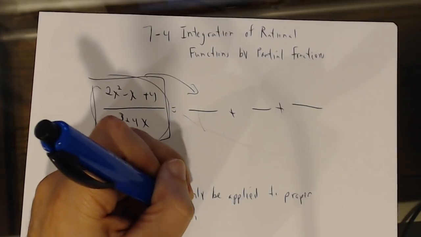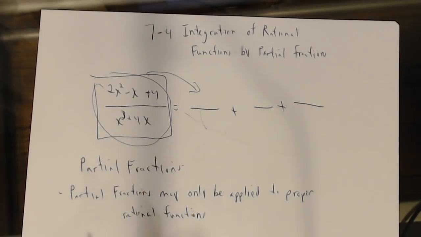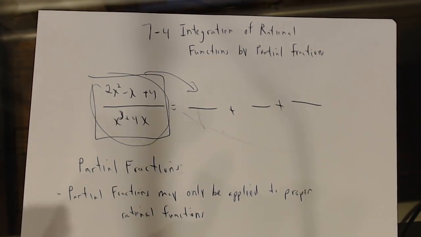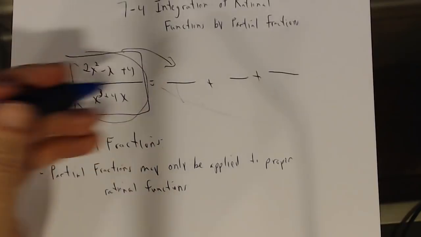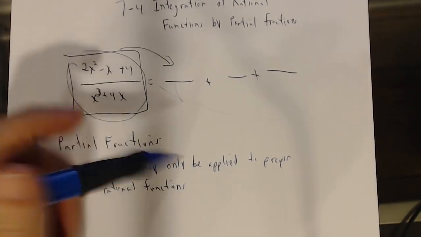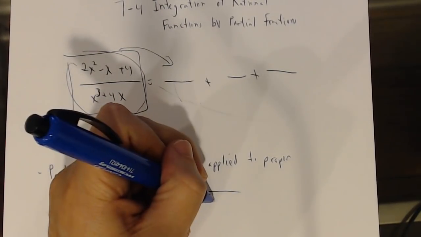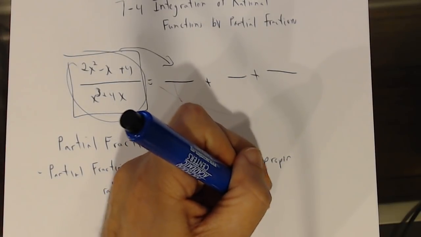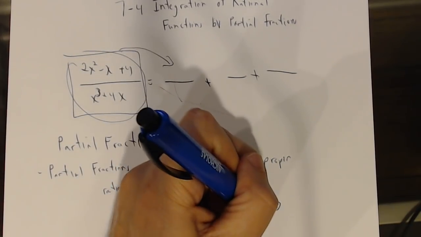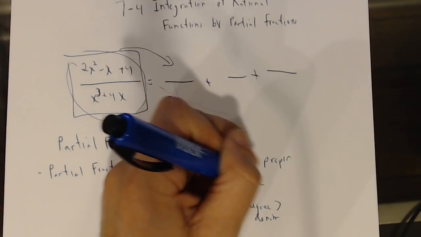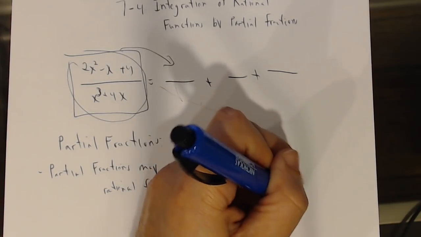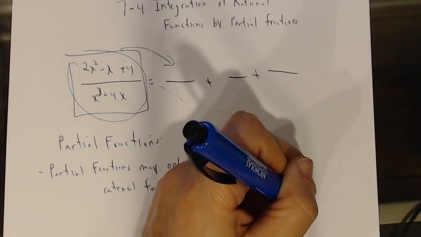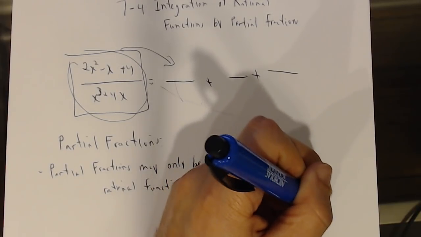What does that mean? The denominator has a larger degree than the numerator. So basically, the degree of the denominator is greater than the degree of the numerator. Okay, so that's how we know.